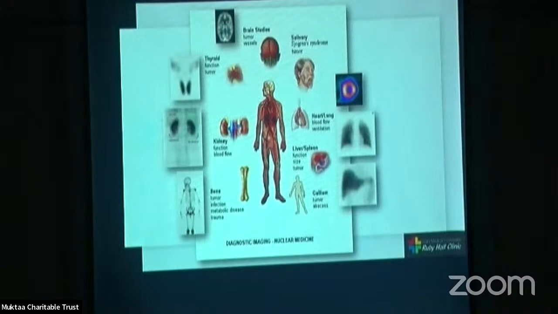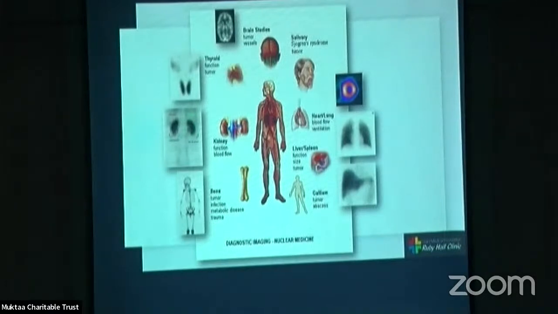Now, there are kidneys, bones, liver, and the lungs, and that donut you are seeing is a heart's cut section, showing the blood supply of the heart. A couple of these things are very useful in your day-to-day practice. So my topic today is to tell you about nuclear medicine and how you can use it in your practice.